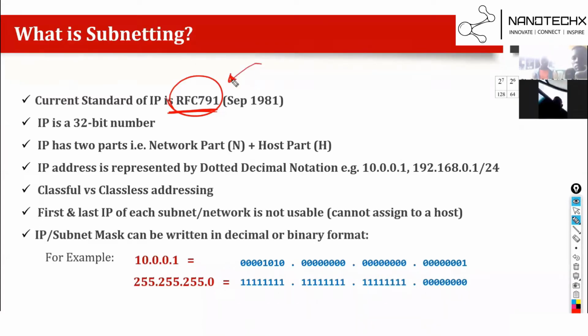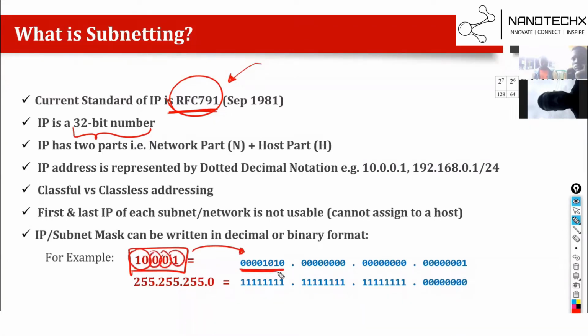We all know it is written in this format, 10.0.0.1 or 192.168, like that. But actually, this is based on binary calculation. Each of these numbers is an 8-bit number. So it can be represented in binary in this form as well, because 10 in binary is 1010. Then 0 in binary is this, 0 in binary is this, and then 0 in binary is this.